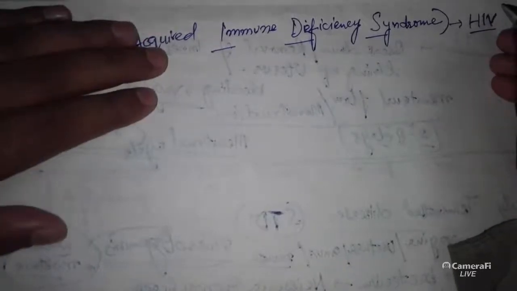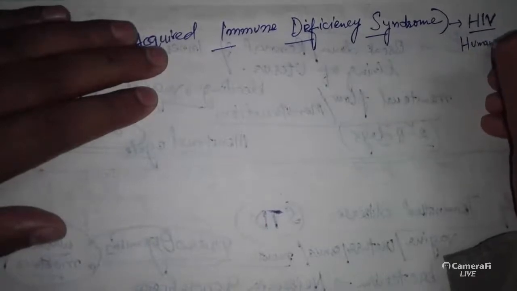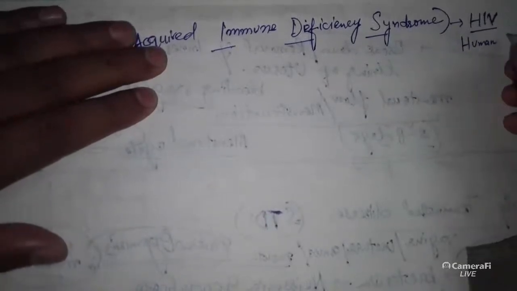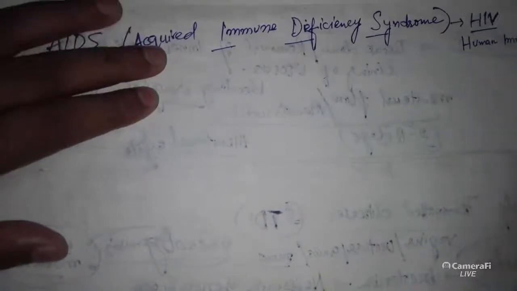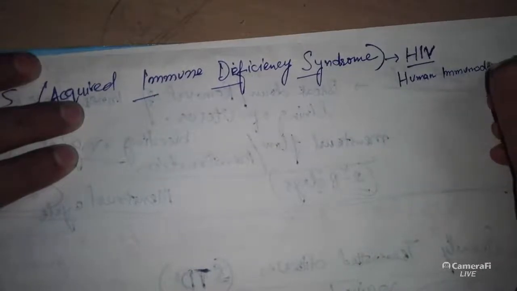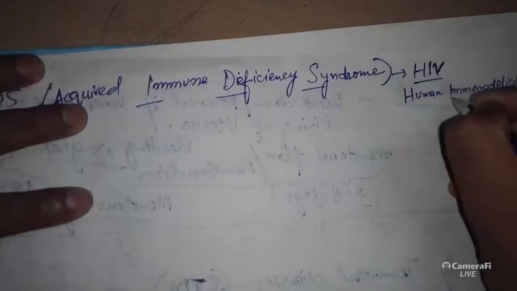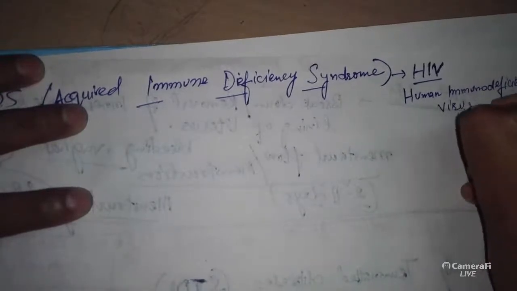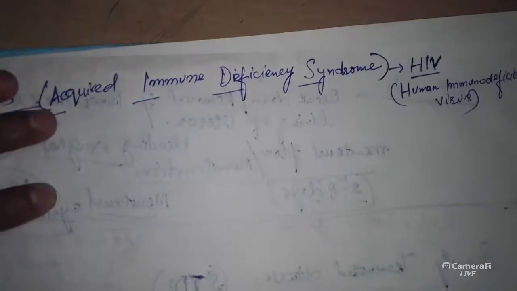Capital H, capital I, capital V. Full form will be human immunodeficiency virus.